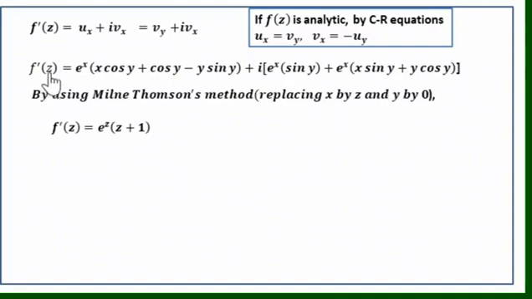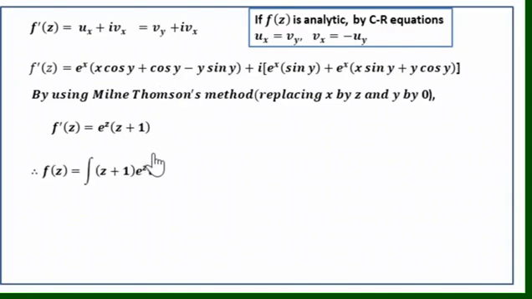F dash of z will be e power z into cos 0 plus cos 0 minus 0, plus i into sin 0, and this term becomes 0. So we get e power z into z plus 1.